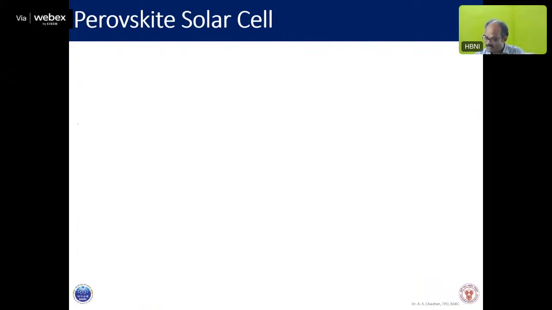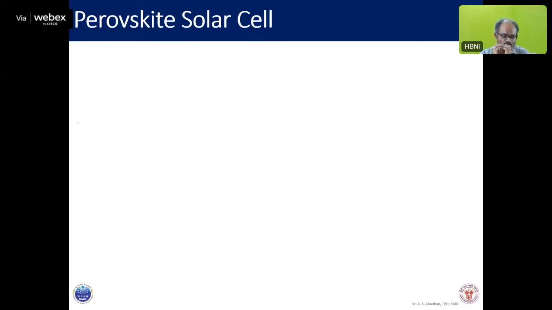Now next comes the perovskite solar cell. We have seen polymer solar cells, bulk heterojunction polymer solar cells, dye-sensitized solar cells, and solid-state dye-sensitized solar cells.